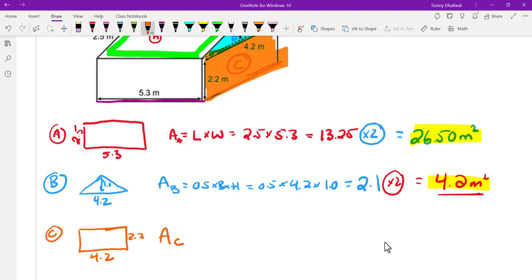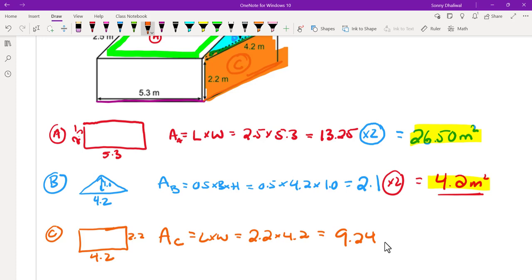Notice I'm using little lowercase letters here. Length times width is our formula. So you have 2.2 times 4.2. We get a number out with our calculator. 9.24. All right. Is this repeated?